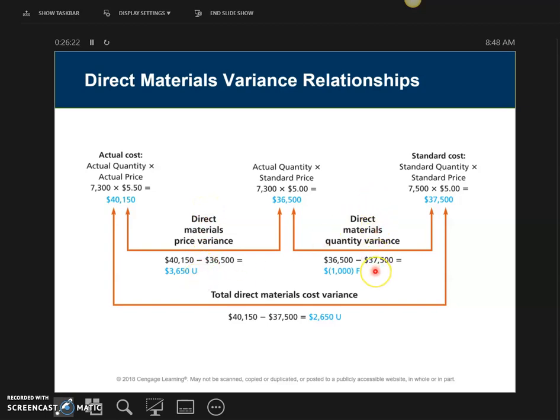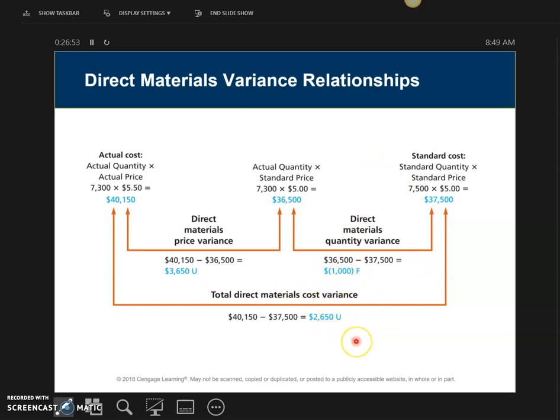Here was my direct materials quantity variance. And then I add the 2 numbers. So it's this plus this will equal this. Okay? Just so you know, the $26.50 is unfavorable. That means it costs me more than it should have. So when you see my actual chart, you'll understand this a little bit better.